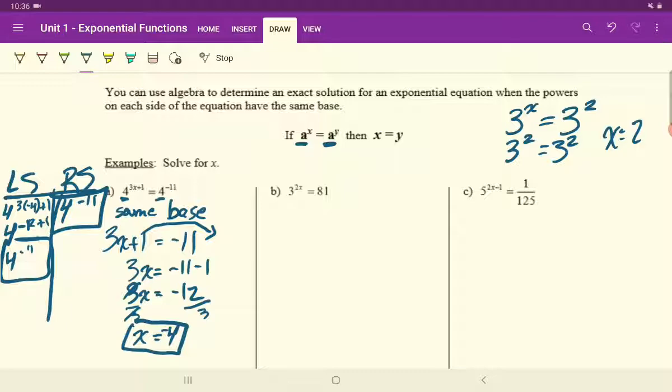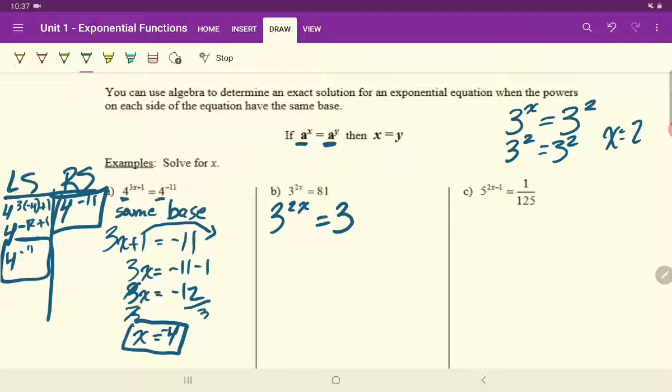But look at the next problem. You don't see the same base there, correct? But we can change 81 to be the same base as the 3. We've got to have the same base if we're going to let the exponents equal each other. 81 clearly is not the same as a 3, but I know that 3 to the power of something equals 81.